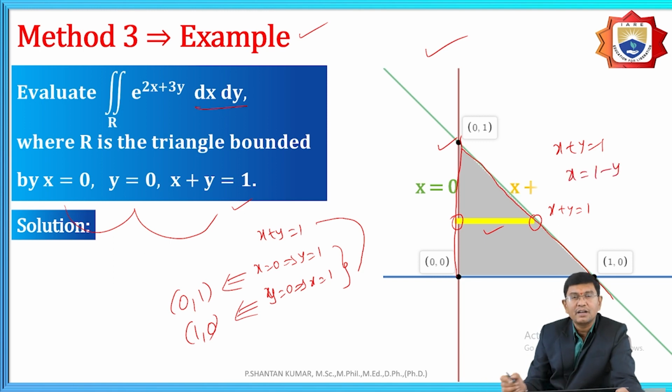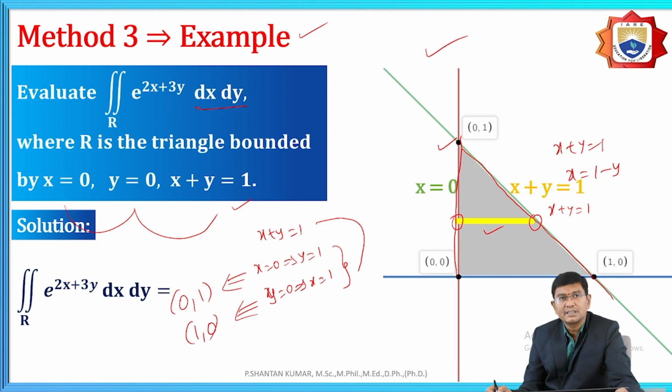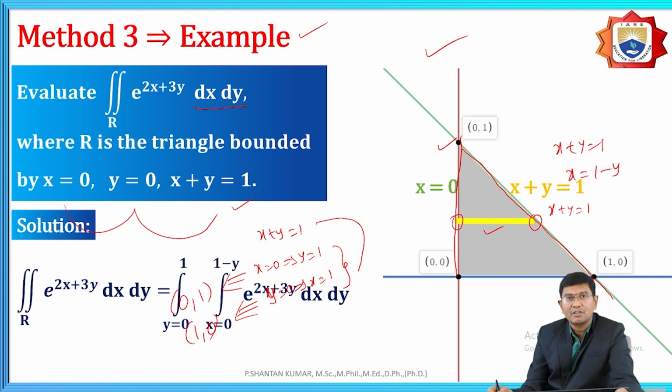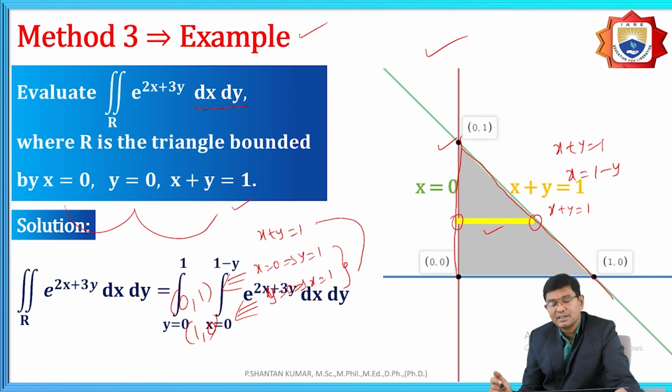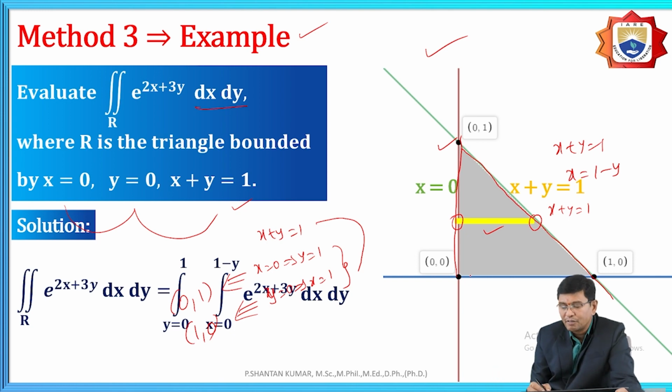Therefore, the limits are: x is equal to, the lower limit is 0, and the upper limit is 1 minus y. And the y limits are 0, and the upper limit is the value 1.